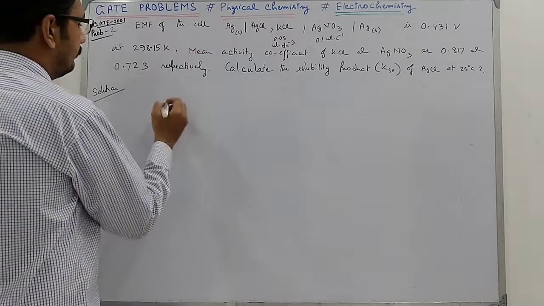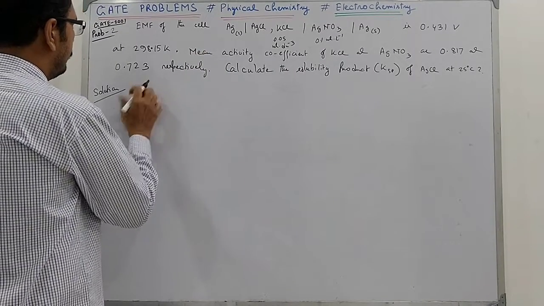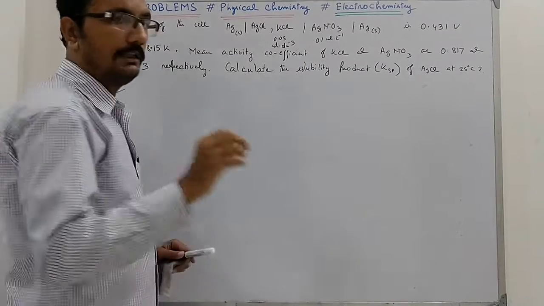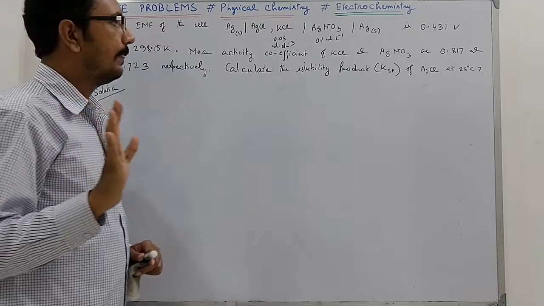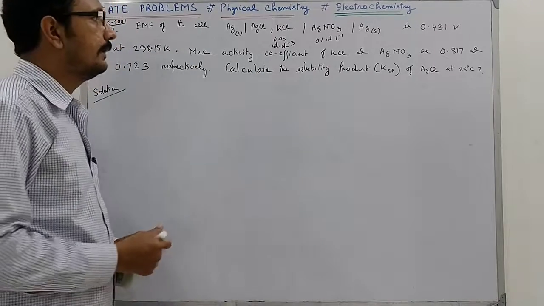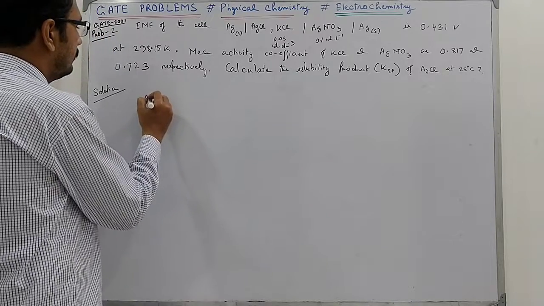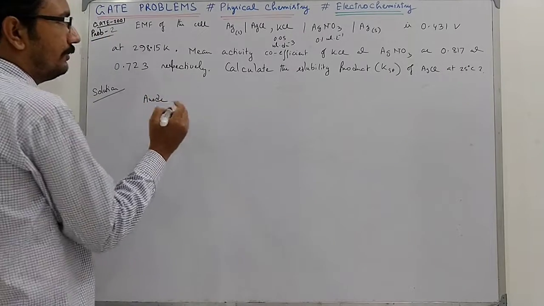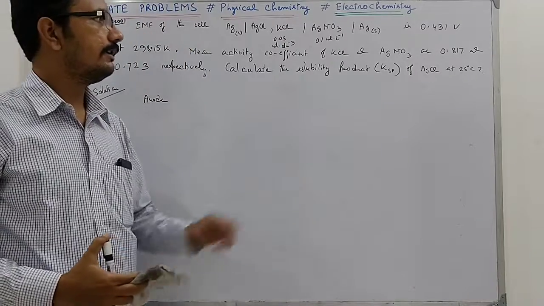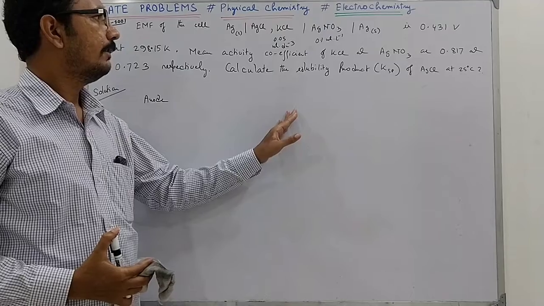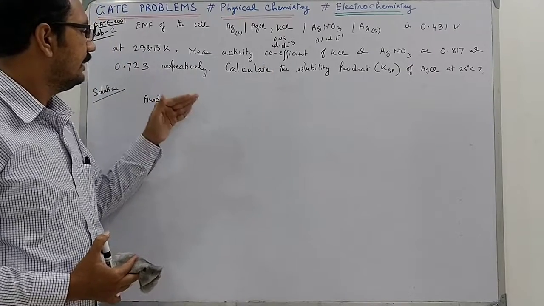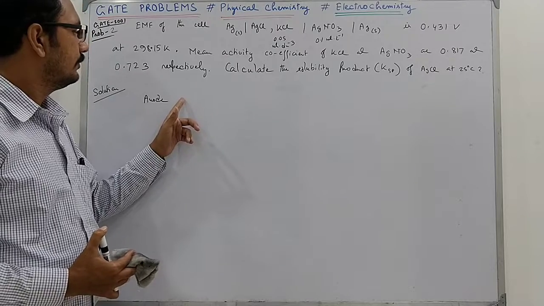Now the cell. Choose either the oxidation method or the reduction method. I am repeatedly telling this through the entire electrochemistry classes. I am comfortable with the oxidation reaction, and it is not the case that the reduction part is difficult. If you write in oxidation mode, you have to subtract cathode from anode.